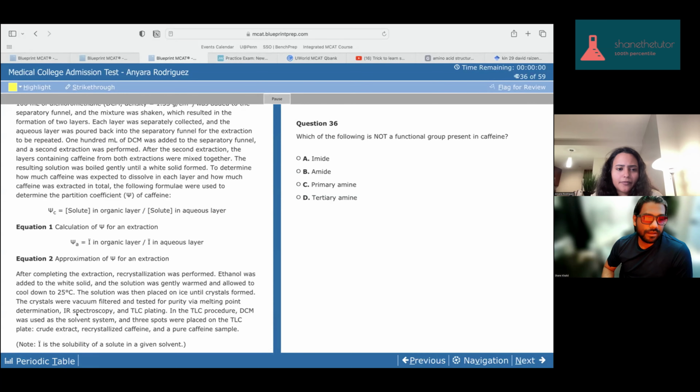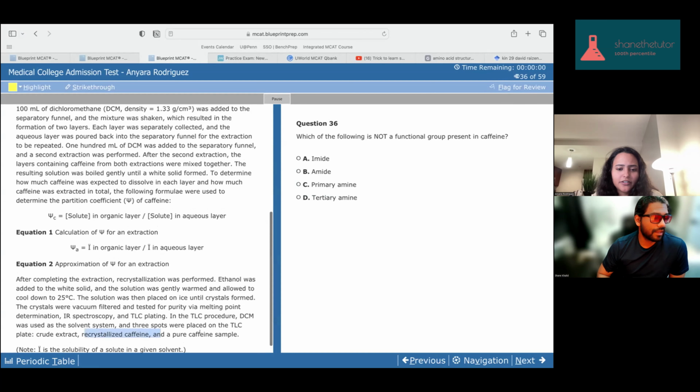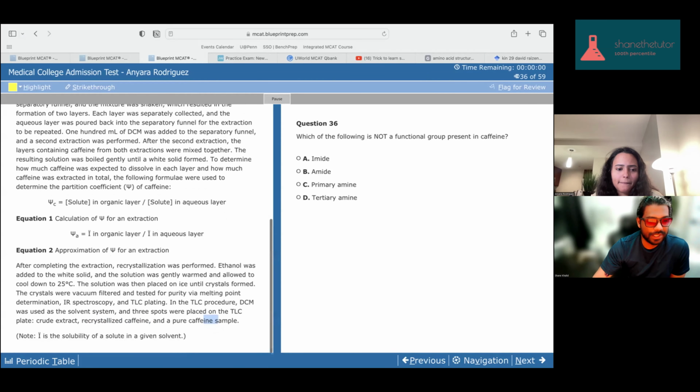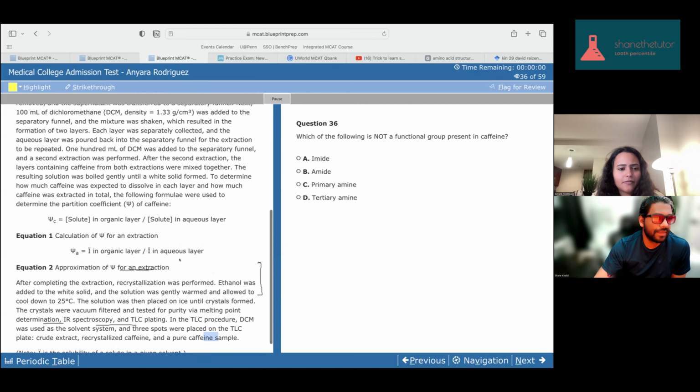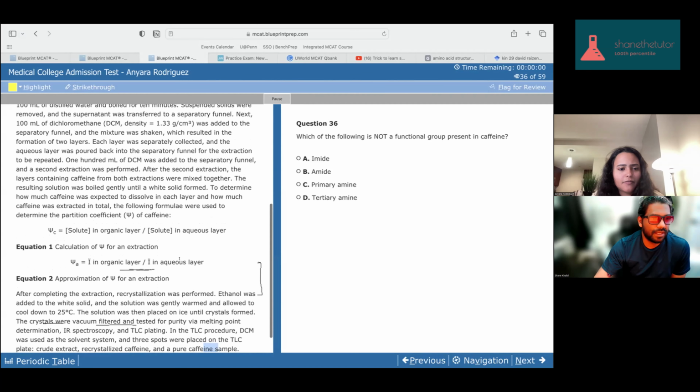For instance, recrystallization, or recrystallized caffeine. What's happening here, with them adding the ethanol and that stuff. So that's the recrystallized caffeine. The crude extract would be the stuff before the recrystallization, right? Like, here, essentially.